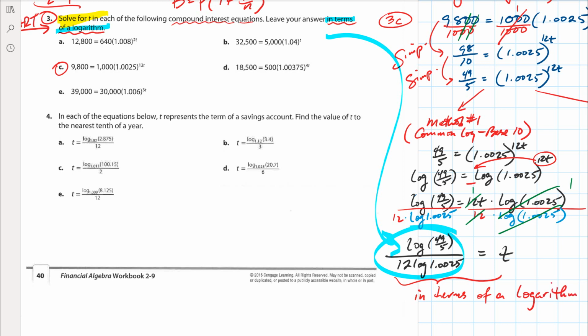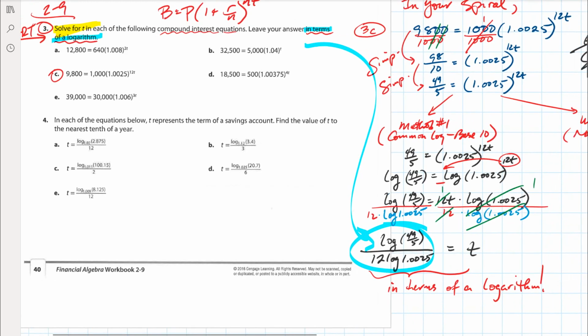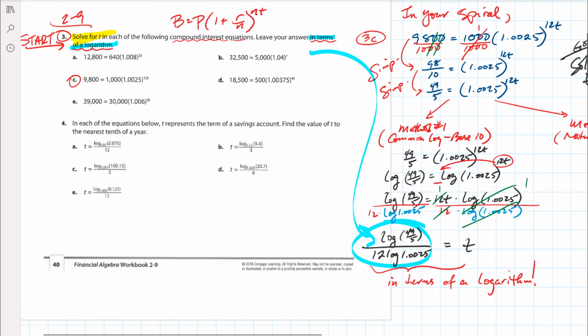And the reason why they do that is to make sure that you guys understand the process. Everything that I just explained, to get from the original equation all the way to t, which is equal to log of 49 fifths, all divided by 12 times the log of 1.0025, takes some mathematics and some skill. And that's what this thing tests.